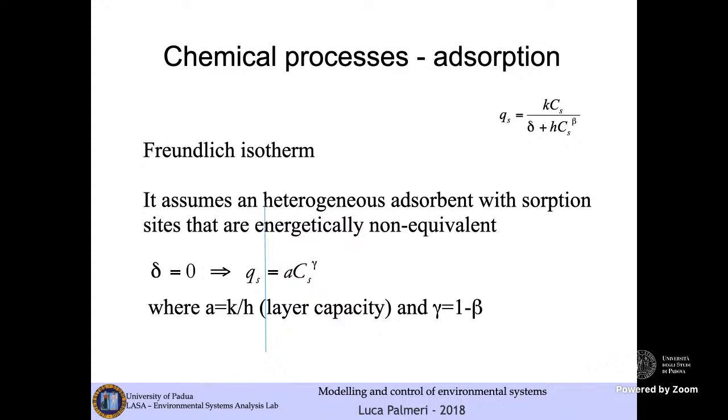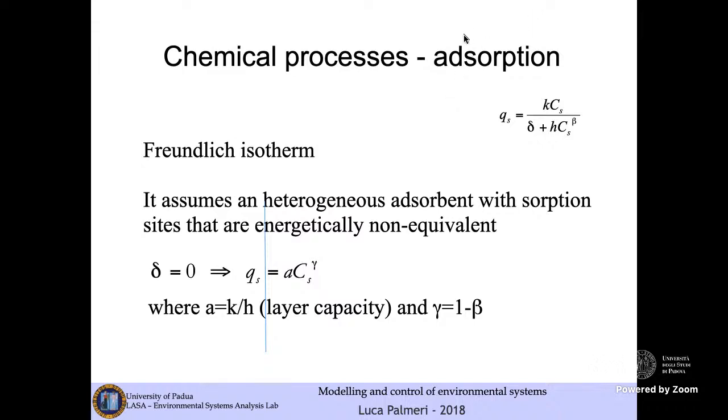Finally, we have a last example of adsorption isotherm, called the Freundlich isotherm. In the Freundlich isotherm, it is assumed there is a heterogeneous adsorbent with sorption sites that are energetically non-equivalent.